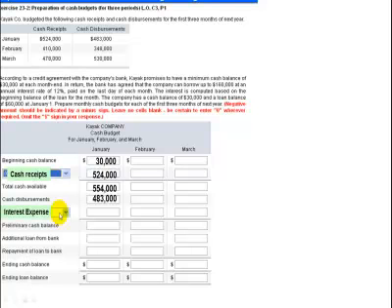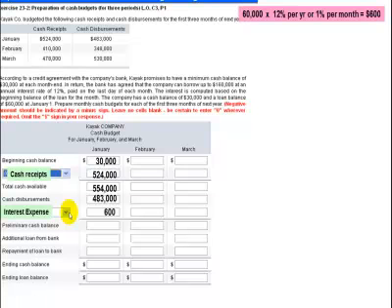And then interest expense will be $600, and that's based on the $60,000 loan that we had as of January. Our loan balance as of January 1st was $60,000, and the interest rate is 12%, or you could say 1% per month, and that comes out to $600 per month of interest expense, which is where we got that $600 from.